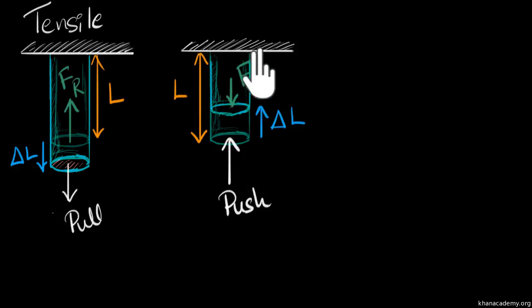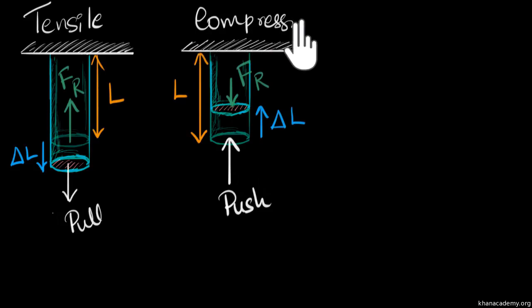Again, if we calculate this stress now as the restoring force divided by this cross-sectional area, then we call this stress compressive stress. Again, makes sense, right? Because now the rod is being compressed. So compressive stress. And this strain, that is resulting strain over here, is called compressive strain.